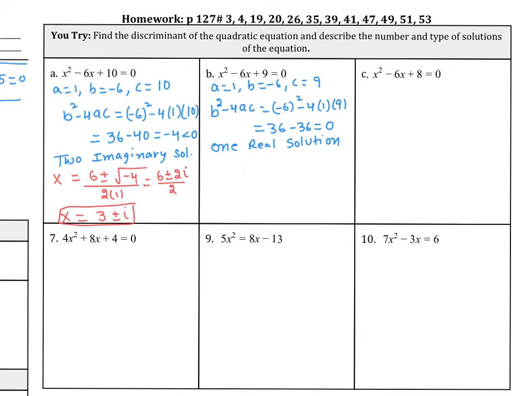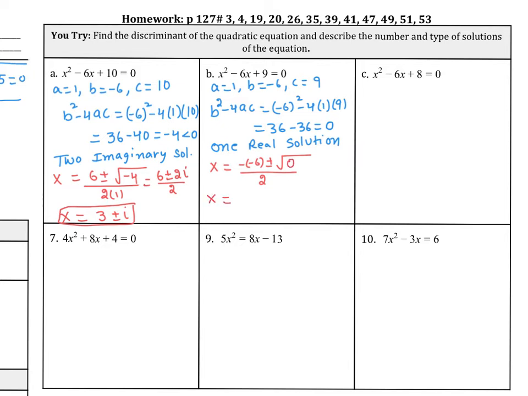Now if you want to find the actual solution, you're going to use the formula x equals negative b plus or minus the square root of b squared minus 4ac. So b squared minus 4ac you already found is 0, so you're going to write 0 inside the square root.